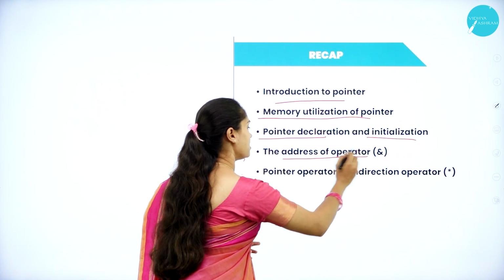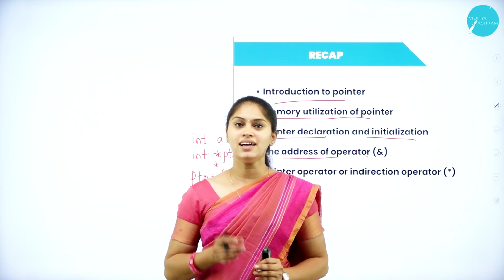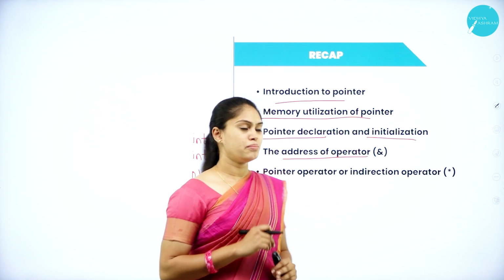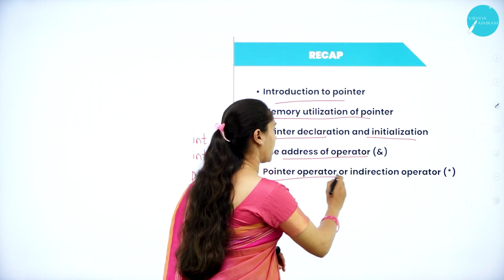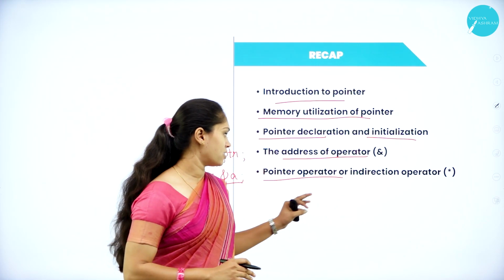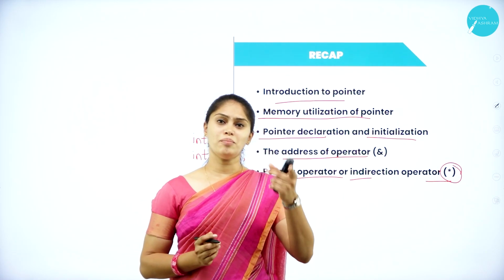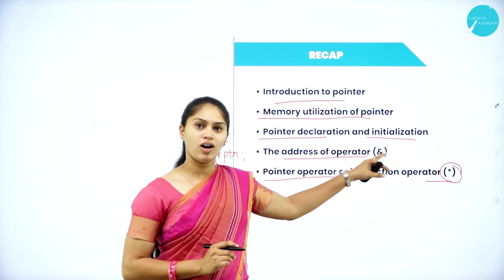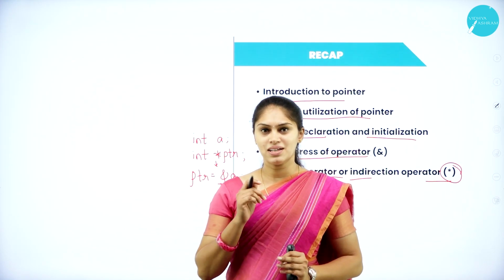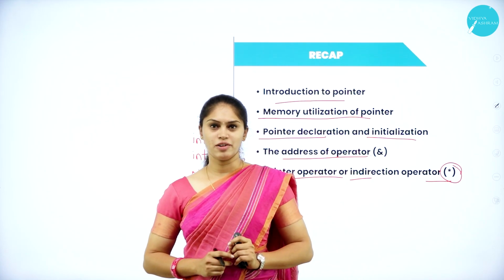After that, I had a discussion regarding the address of operator. It will return the address of a specified variable. After that, we had a discussion regarding the pointer operator or indirection operator. That is nothing but the star operator, very important. It is just a complement of this ampersand or address of operator. Why is it a complement? Because ampersand will return the address of the specified variable.